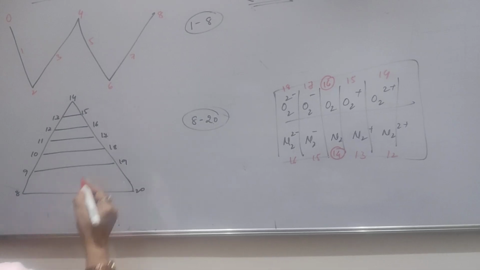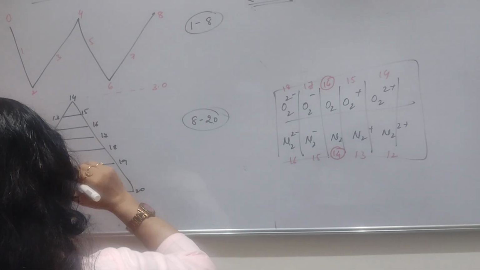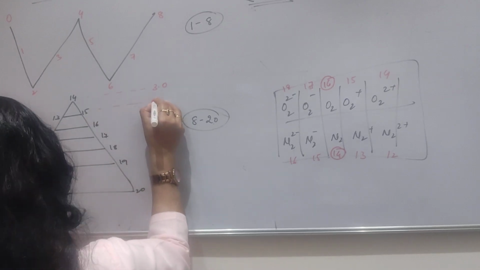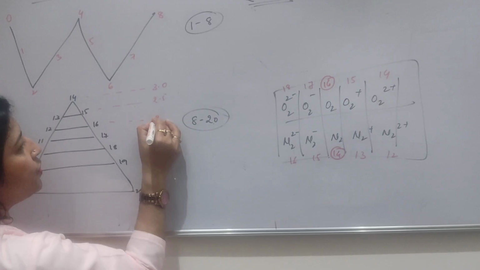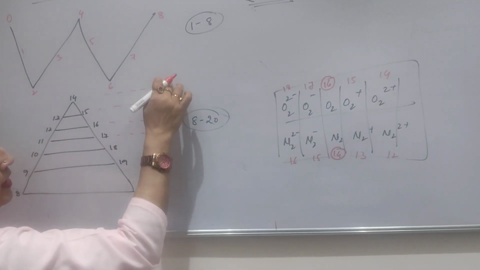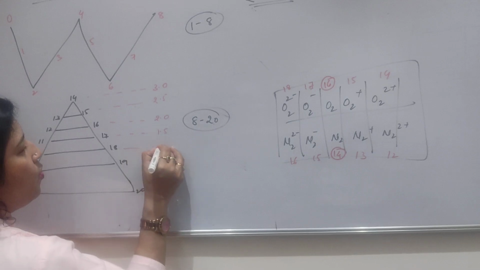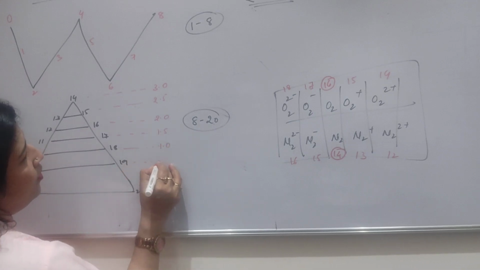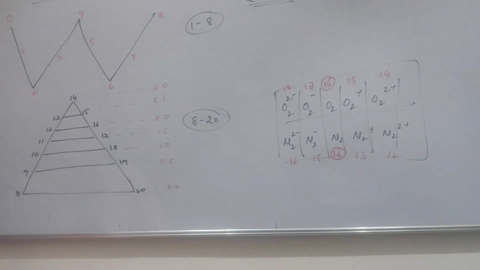So for 14, the bond order is 3.0. For 15, you're going to reduce 2.5, 3, 2.5, 2, 1.5, 1, 0.5, and 0. That is what we saw, right?